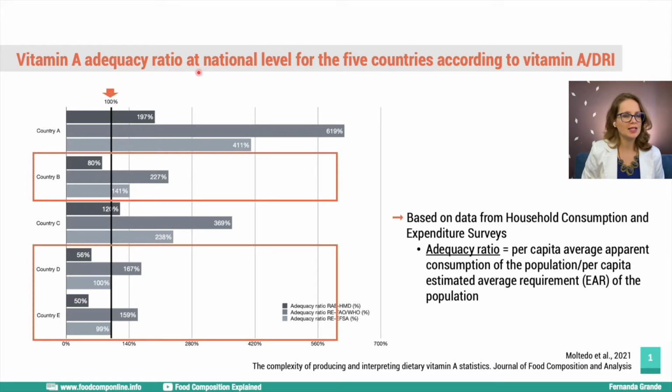For these 3 countries, our conclusions would be quite different depending on the criteria adopted for the evaluations. This means it is extremely important that we take into consideration the vitamin A definition used in the food composition table, since it will affect our estimations.